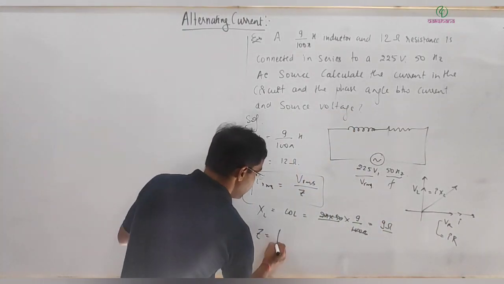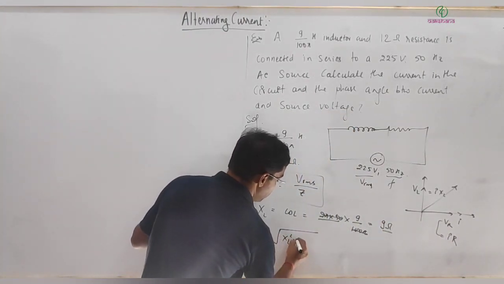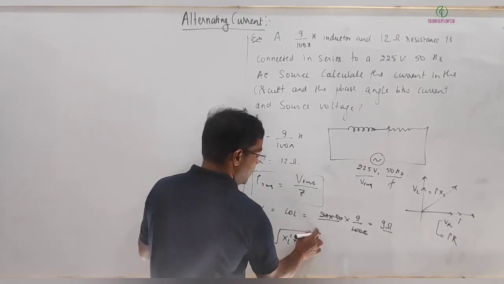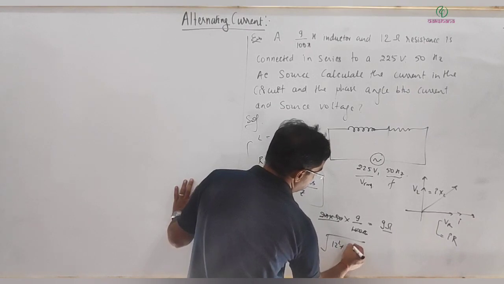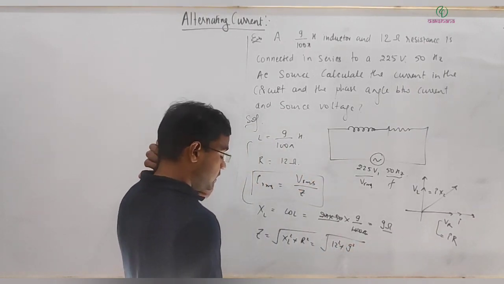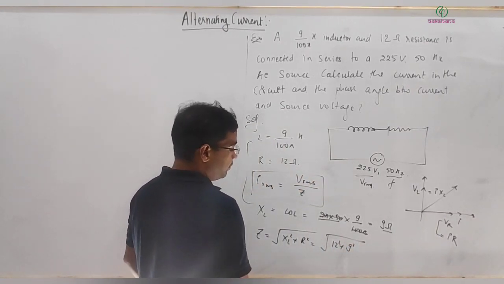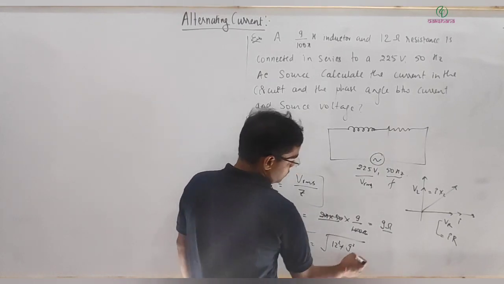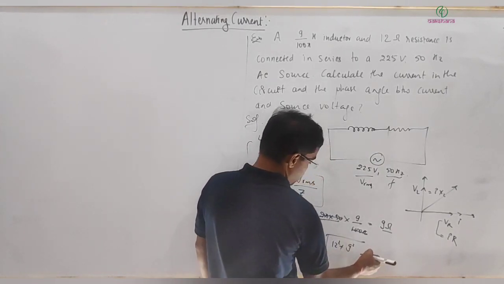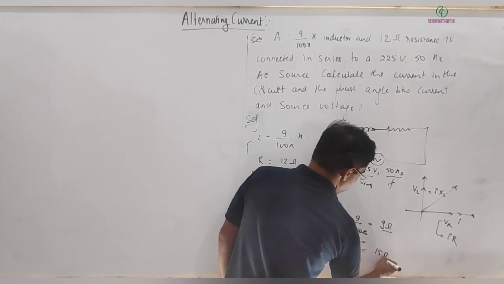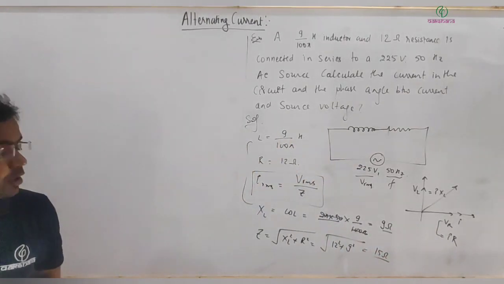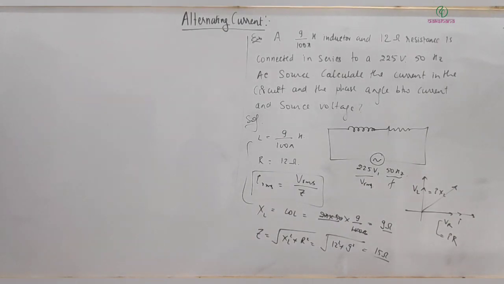Substituting the values, it's 12 square plus 9 square, which is 144 plus 81, under root, 15 ohm. Just check the calculation. So we got the impedance of this circuit.